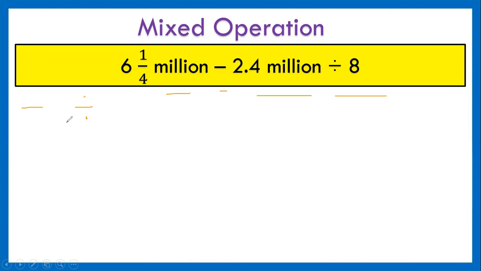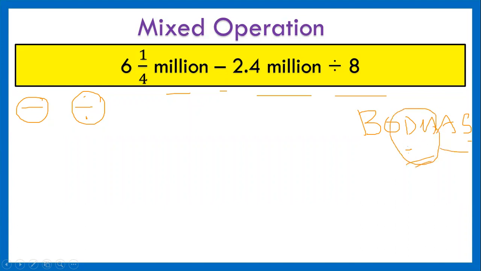According to the principles of BODMAS, we have division to be done first. Then only we do subtraction. So remember BODMAS, I'll write it again. B-O-D-M-A-S. Subtraction is here. Division is here. So this group, you got to do it first before you do subtraction.